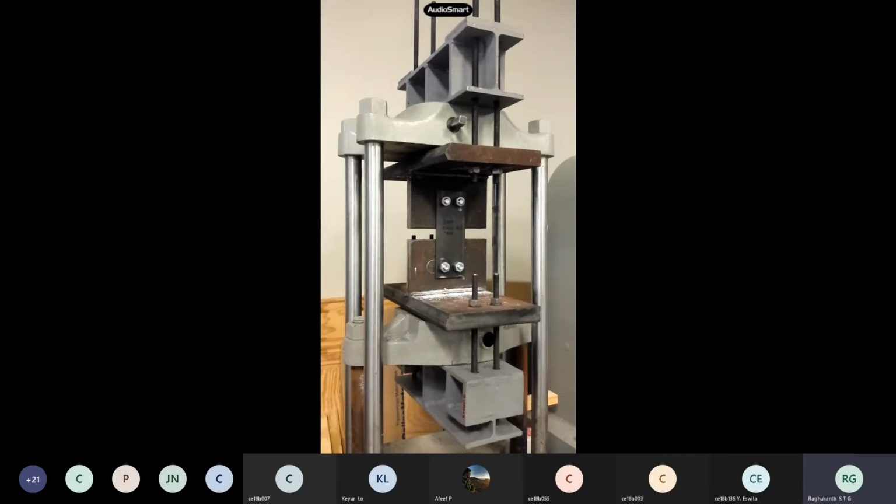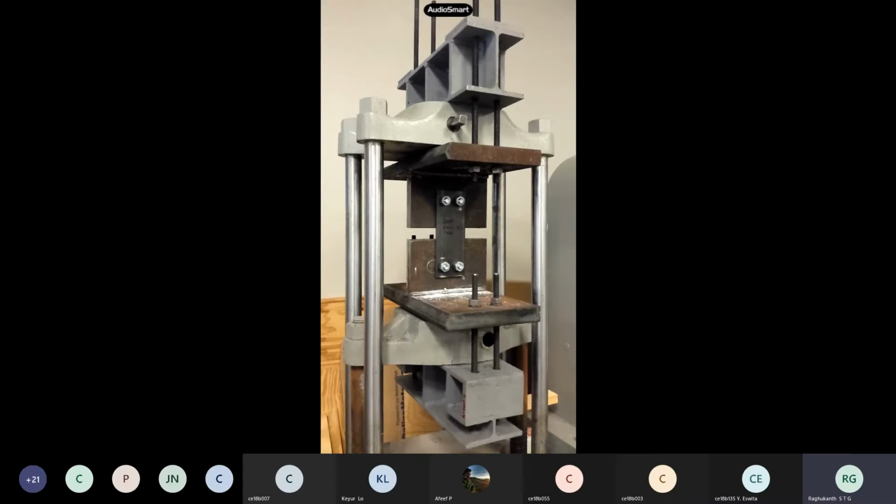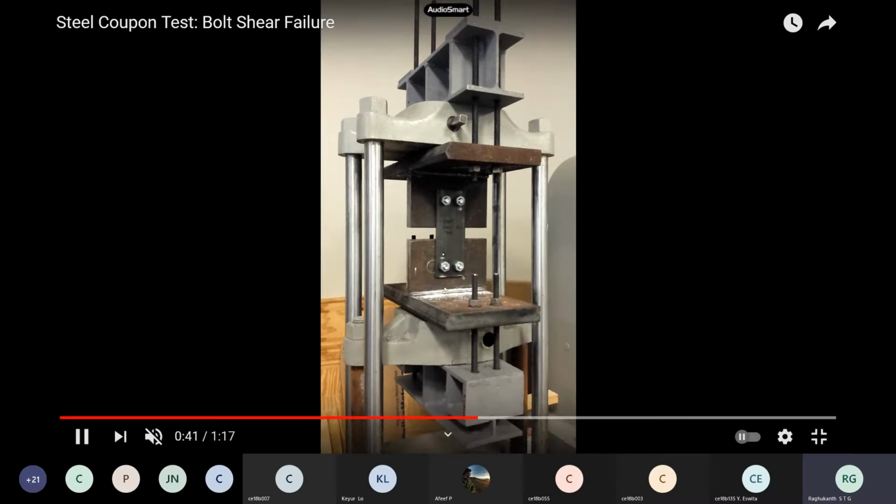This whole plate is under tension, so it is pulled in the upward direction, and he keeps on increasing the load, so it goes slowly. You just watch the bottom two bolts, not the top ones, because failure happens here. That is how he has designed the test.